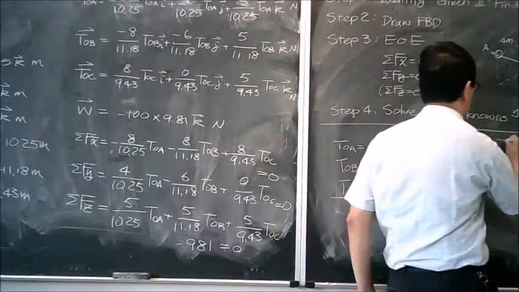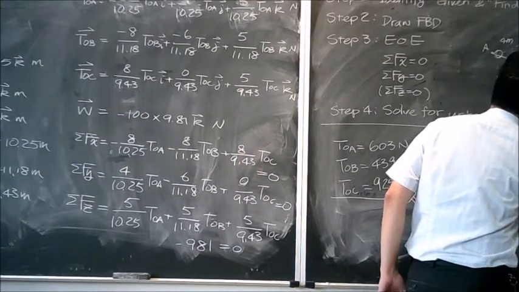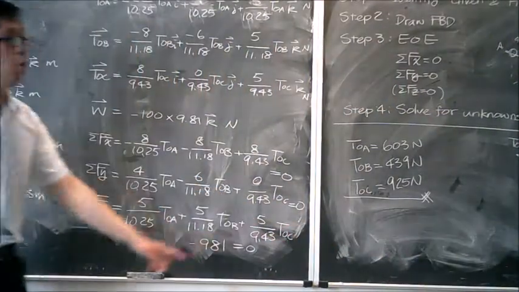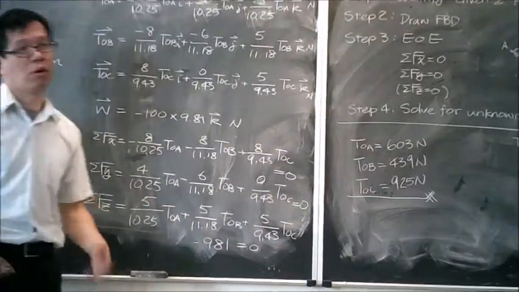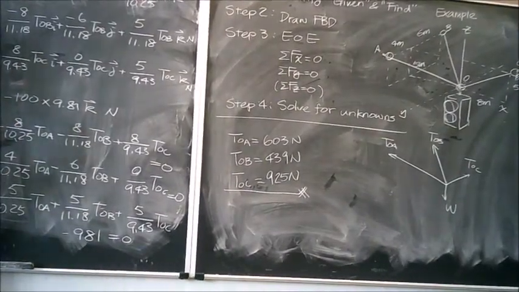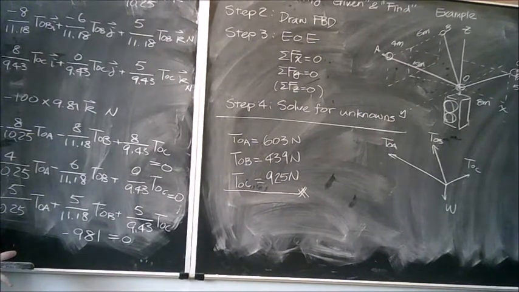So this is TOA, TOB, TOC, and this is my weight. So that's my free-body diagram. Since this is a three-dimensional problem, it's going to be a little bit tedious because we need to find the position vector, the unit vector, then we need to represent everything in force vector.